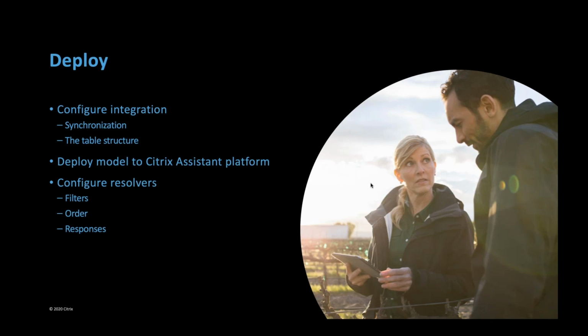Customers are able to create Citrix Assistant resolvers. This means the customer is able to choose a Citrix Assistant intent and map it to specific source tables. They are also able to create filtering conditions. When the user asks for a lead from an application, the administrator would map user entities to database entities.